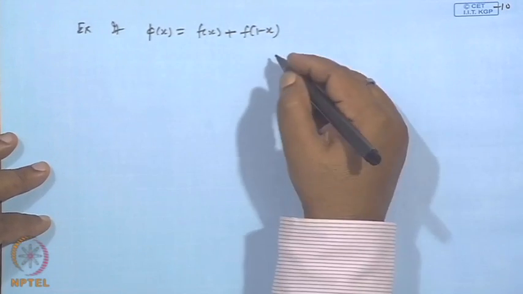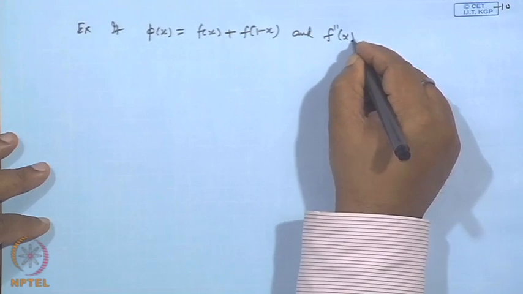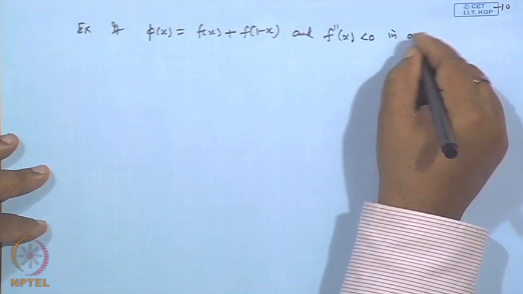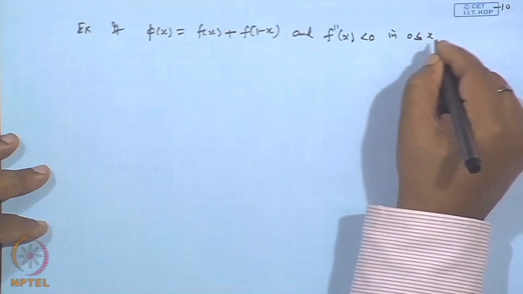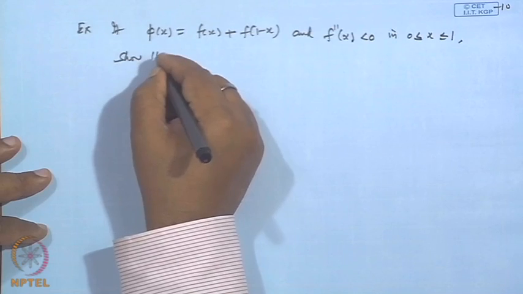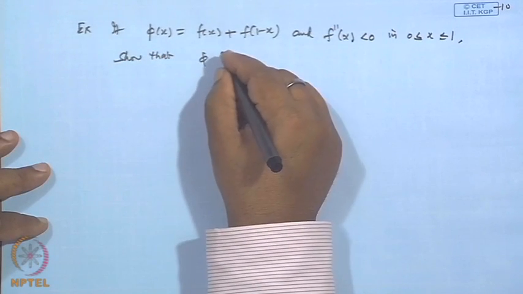So, that is 1 minus x, and the second derivative of the function, phi prime, is negative in the interval 0 less than or equal to x less than or equal to 1, so that phi is an increasing function.